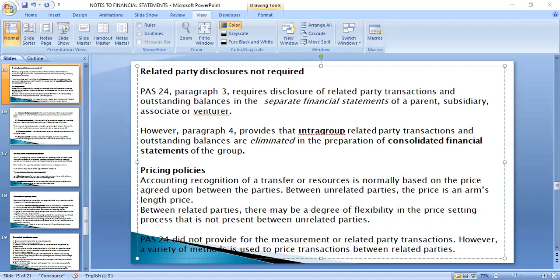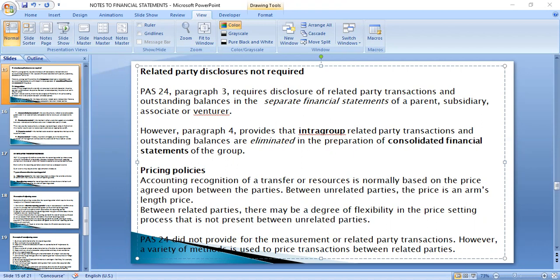The resale price method is often used where goods are transferred between related parties before a sale to an independent party is made. This reduces the retail price by a margin representing an amount from which the reseller would seek to recover costs and make an appropriate profit.